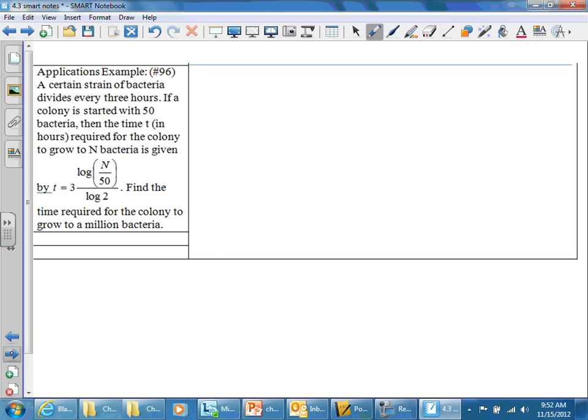Okay, let's do an application example. A certain strain of bacteria divides every 3 hours. If a colony started with 50 bacteria, then the time in hours required for the colony to grow to N bacteria is given to me by this formula.